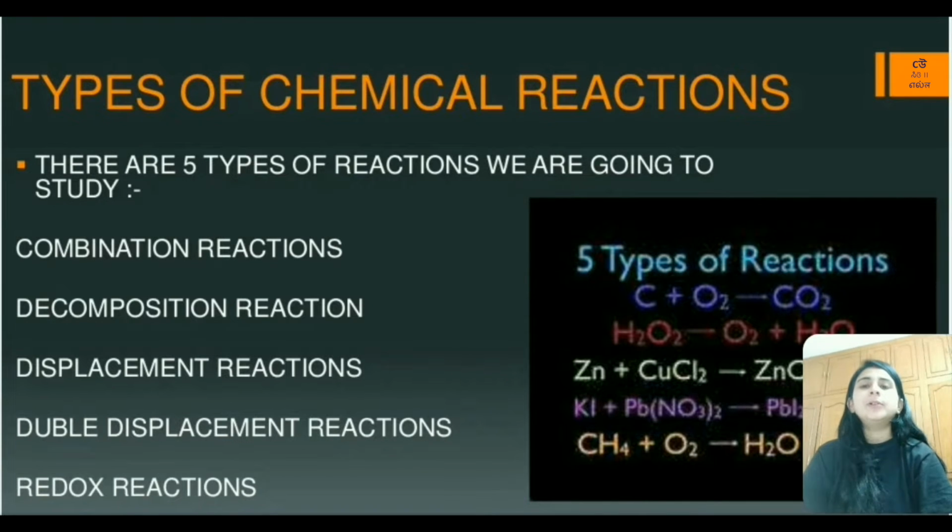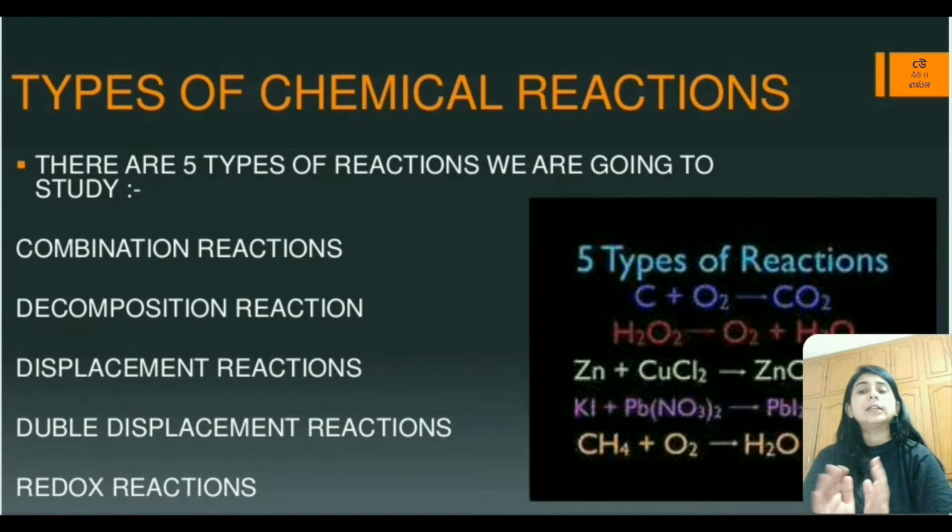This video, we will be talking about types of chemical reactions and the other things which we are supposed to know about chemical reactions and equations. So students, the first statement here says there are 5 types of chemical reaction that we are going to study. Number 1, combination reaction. Number 2, decomposition reaction. Number 3, displacement reaction.